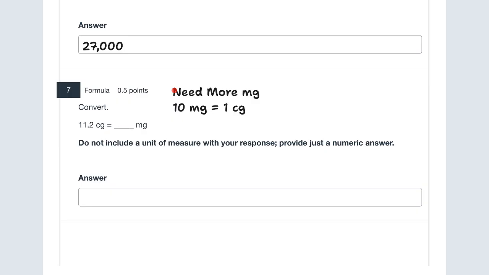So we're going to increase it, make 11.2 bigger by moving the decimal one place. In this case, 11.2 centigrams is equal to 112 milligrams. Remember, we need more of the smaller unit and less of the bigger unit if they're going to be equal.